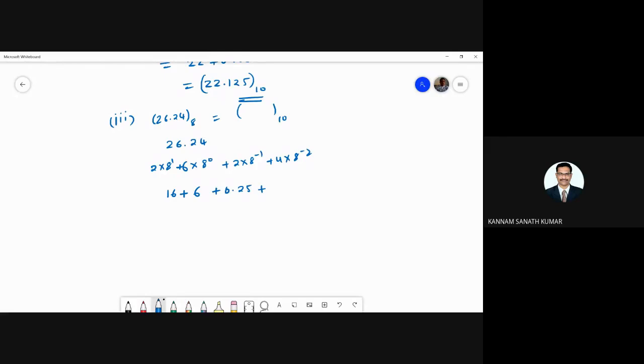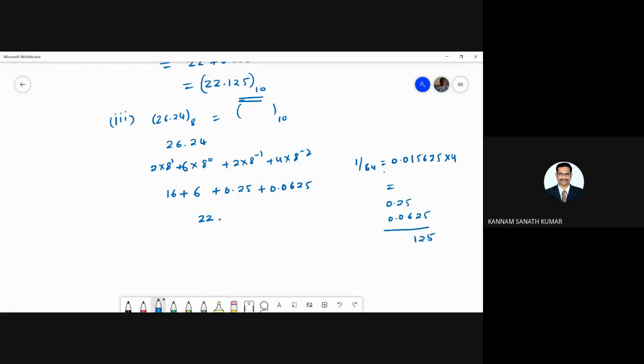Next, 1 by 8 square is 1 by 64, which equals 0.015625, into 4 is 0.0625. 16 plus 6 is 22 point, you are getting 0.25 plus 0.0625.